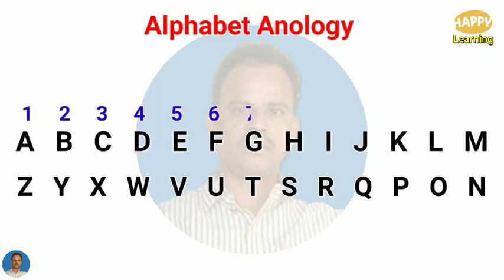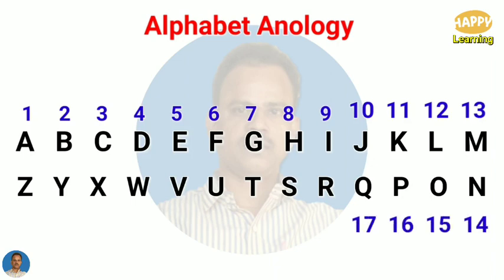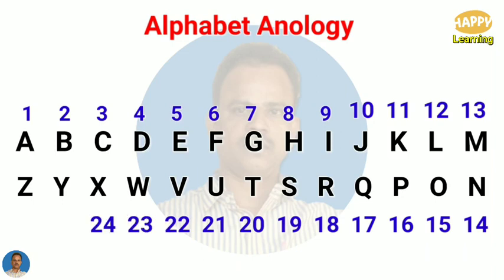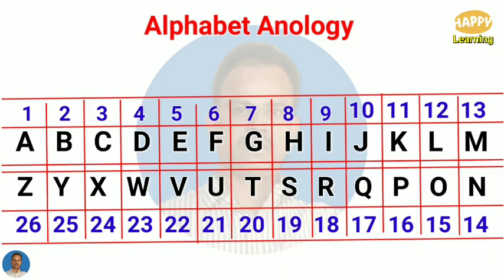A is coded as 1, B is coded as 2, C is coded as 3, and so on. Finally, Z is coded as 26. So let us remember this coding. We will be using this coding throughout the examples.